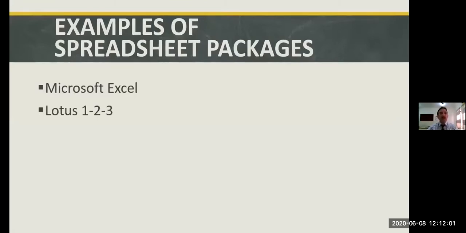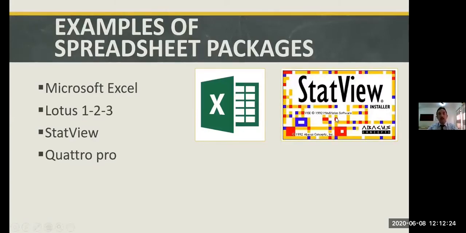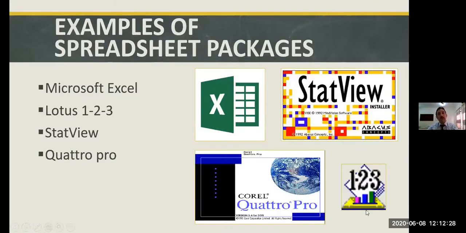The next is StarView, and the other one is Quattro Pro. There are maybe many spreadsheet packages created by other companies, but the famous ones are these four. This is the Microsoft Excel icon or logo, and the StarView logo, and Quattro Pro, and the other one is Lotus.